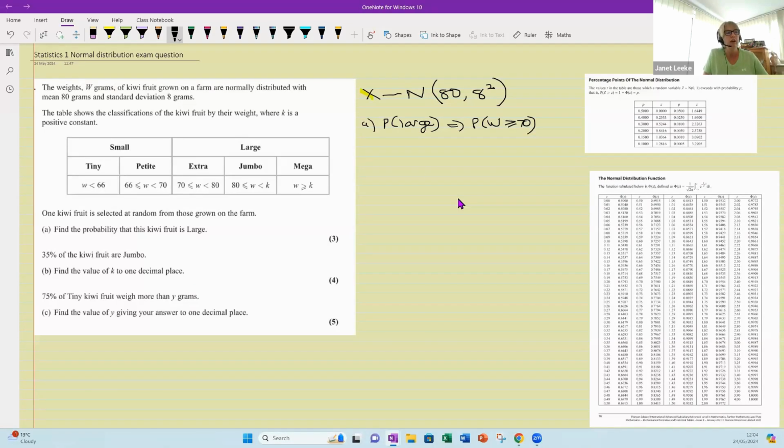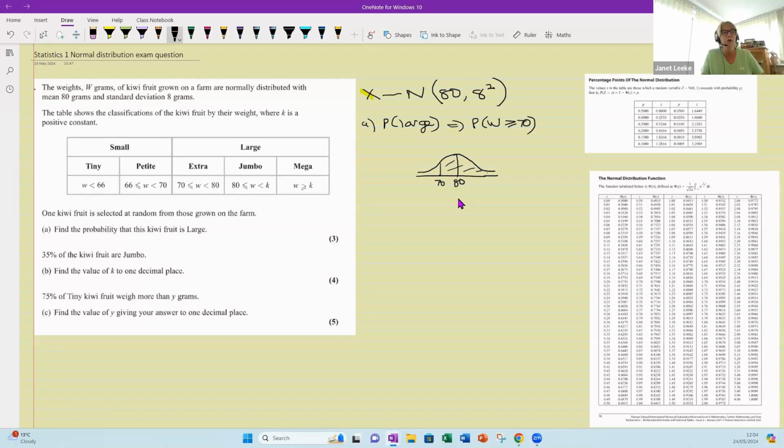Now I always draw a diagram with my normal distribution, a very quick sketch, just to help me know exactly what area I'm talking about. We know that the mean is in the middle. Just put 70 in. And what I know is I'm talking about this area here.